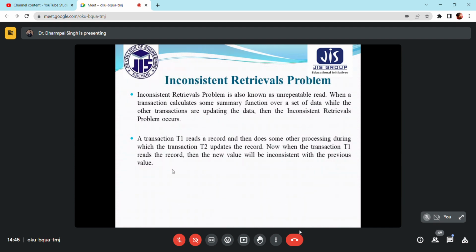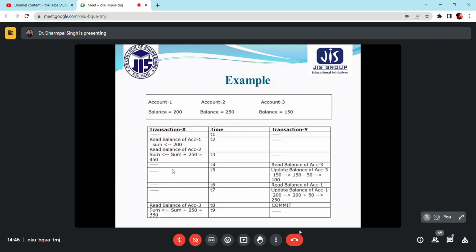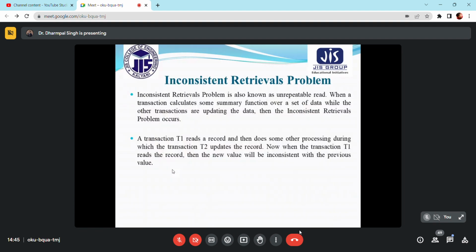Inconsistent retrieval problem. Inconsistent retrieval problem is also known as the unrepeatable read problem. When a transaction calculates some summary function over a set of data while other transactions are updating the data, then the inconsistent retrieval problem occurs.